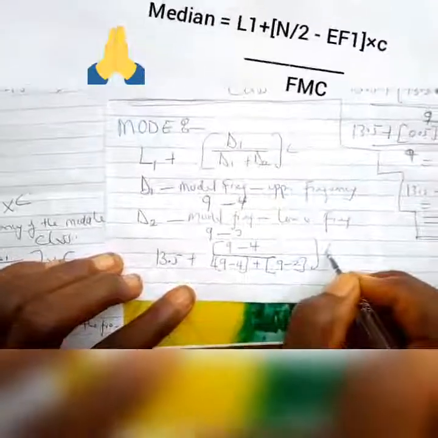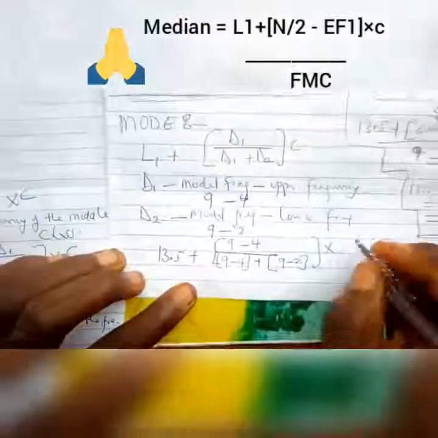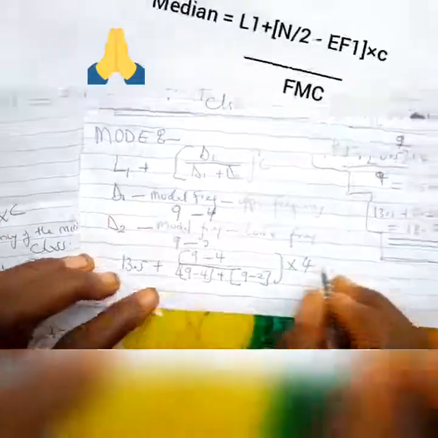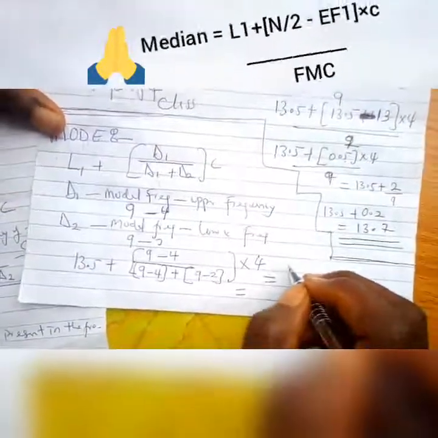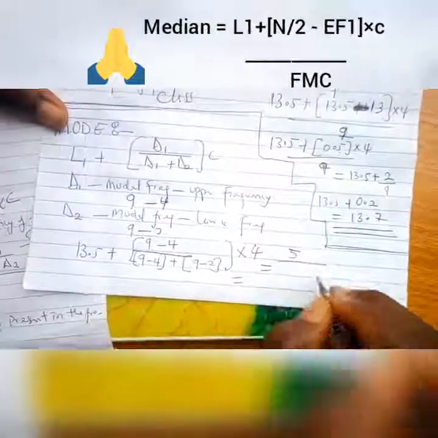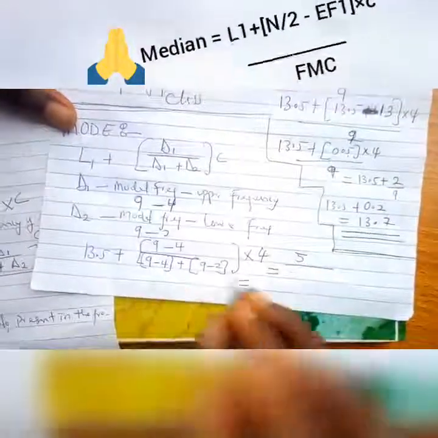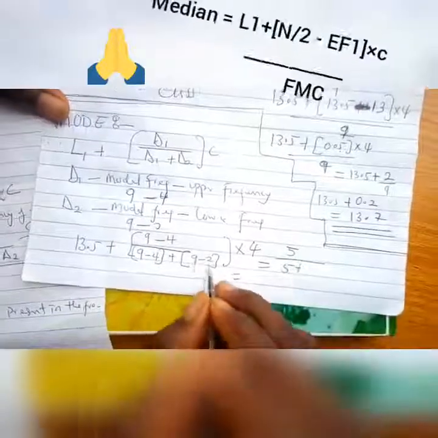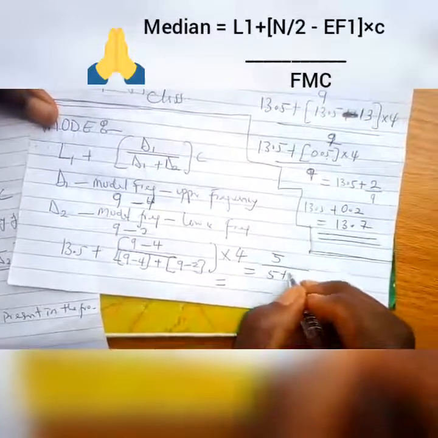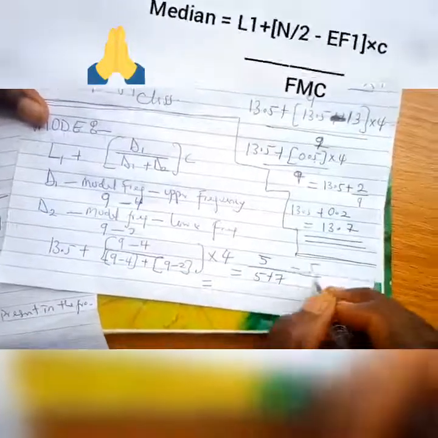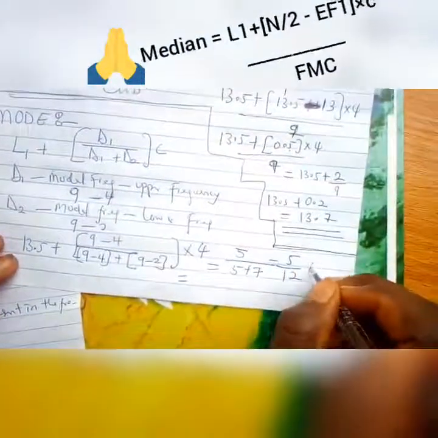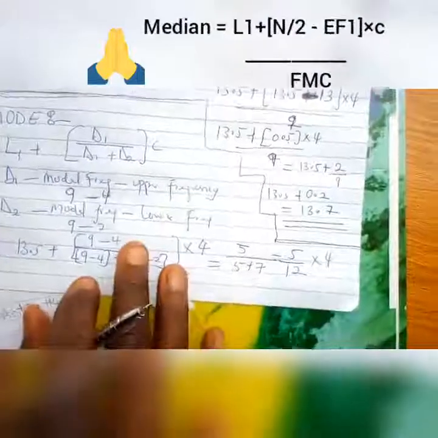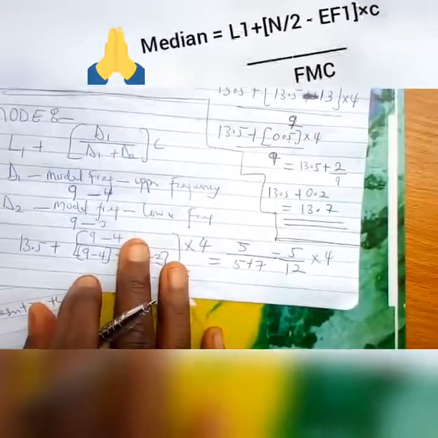Then you multiply it by your C, which is 4. Here you're having something like 5 divided by, 9 minus 4 is 5, plus 9 minus 2 is 7. That's 5 over 12. Then you multiply it by your 4. I hope you are getting that.